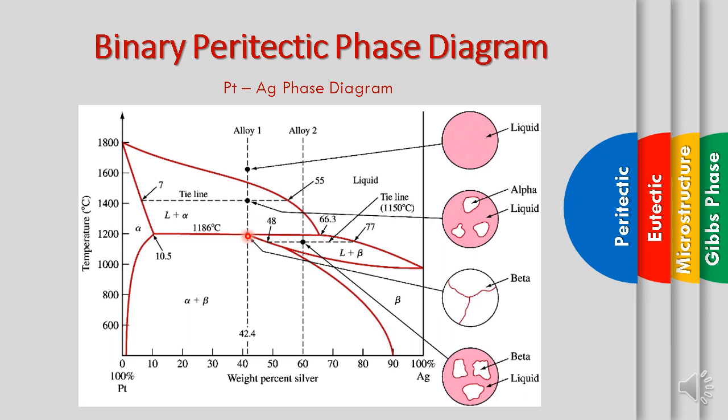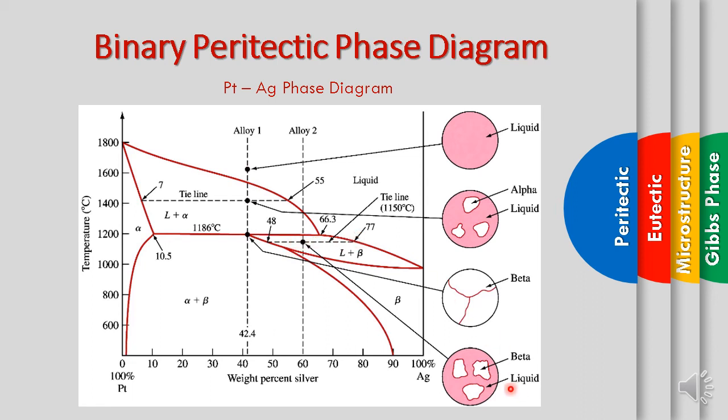Okay, and if we have another line here, maybe we can also discuss what will happen at this point. Basically this point is a liquid and beta region, whereby the composition is something like this. The beta composition and liquid composition can be determined by making this line and hitting the 48 and 77 line.